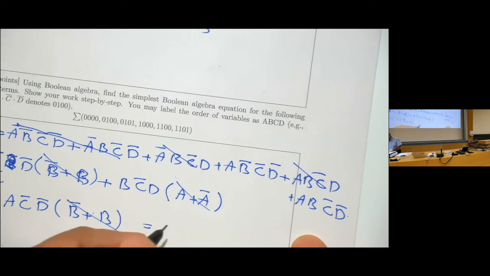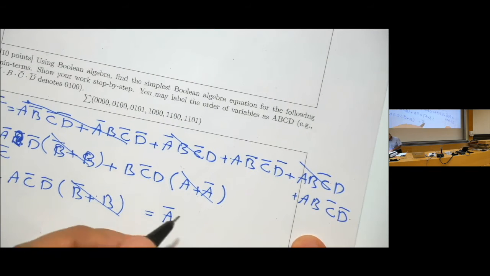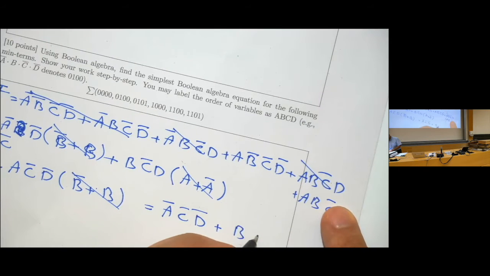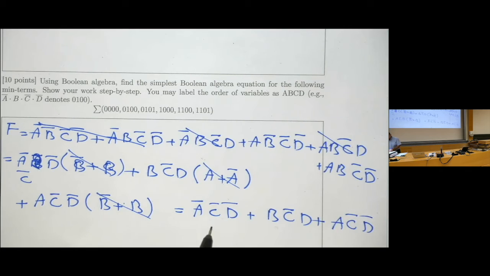So we reach to A bar, C bar, D bar, plus B, C bar, D, or A, C bar, D bar. Then we can also cancel these two terms and we reach to C bar, D bar, plus B, C bar, D.